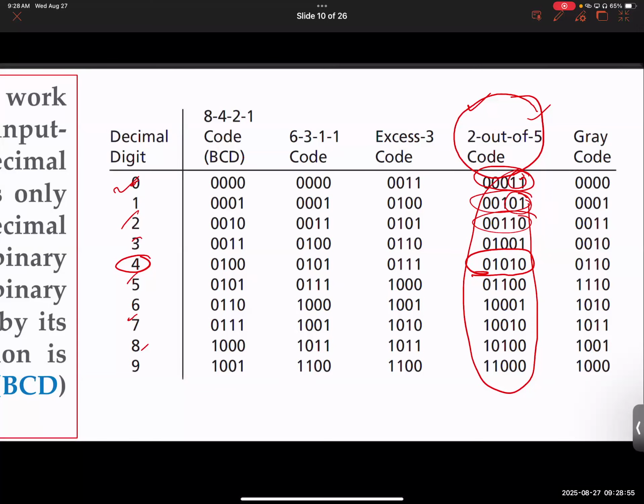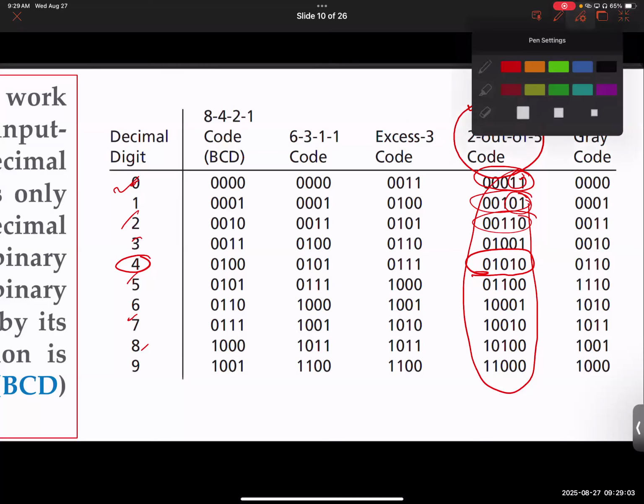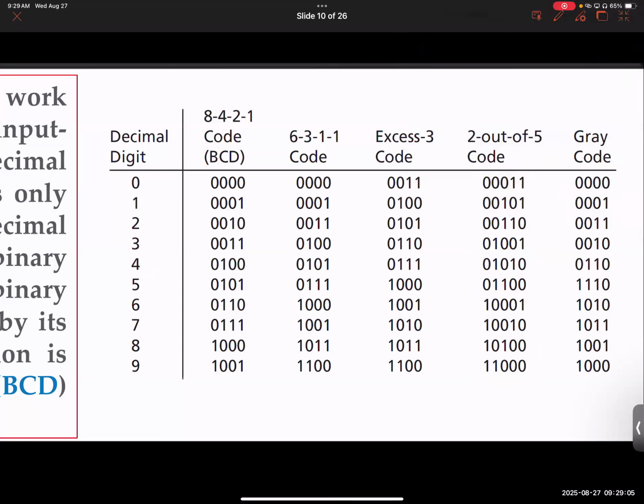So if for some reason you end up with more ones than 2, there is something wrong. Or you see my point here, right? And obviously there is a possibility that one of these will become 1, the other one will become 0. So you are left with 2 ones essentially, but the chances of that happening is fairly low. Okay, so they use this coding approach as something that is less error prone.